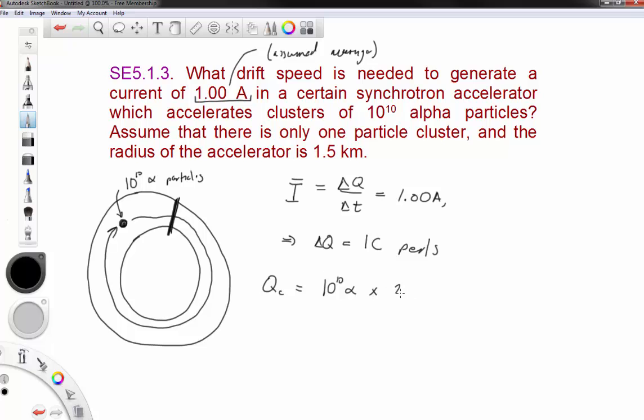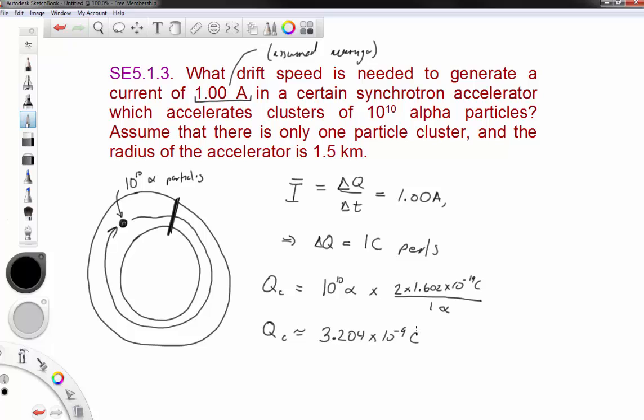So this is 2 times 1.602 by 10 to the minus 19 coulombs per alpha. So the total charge then is going to be about 3.204 times 10 to the minus 9 coulombs.